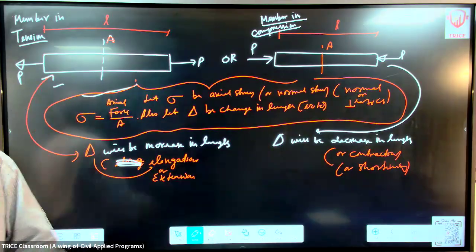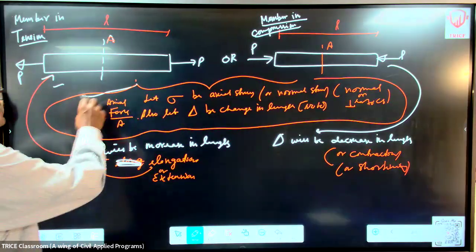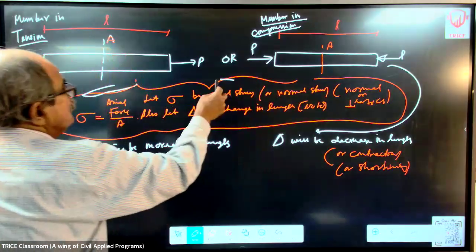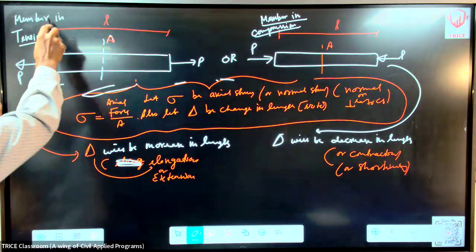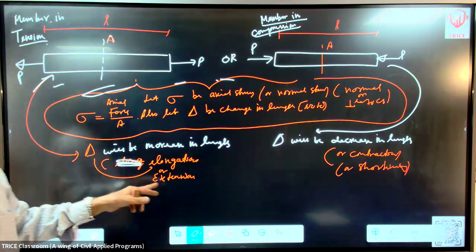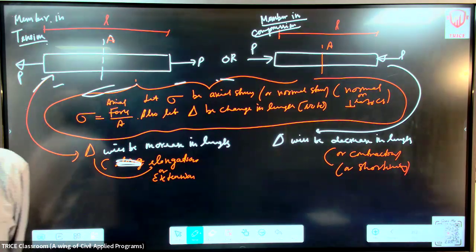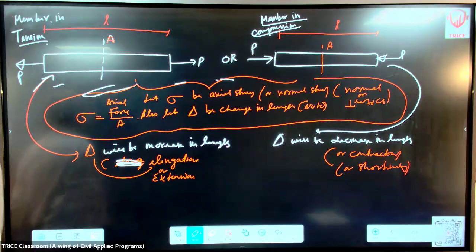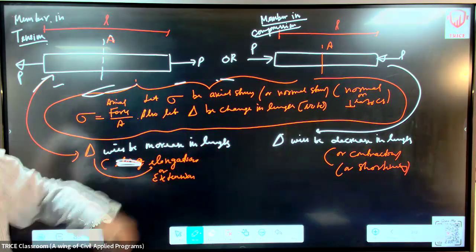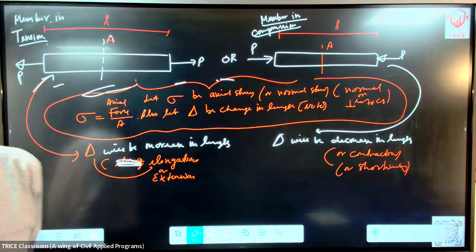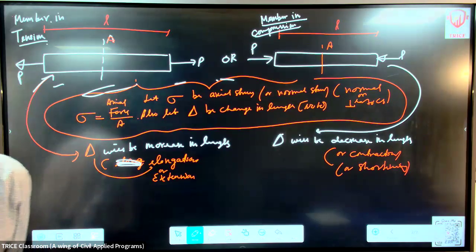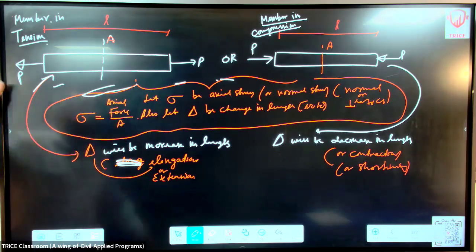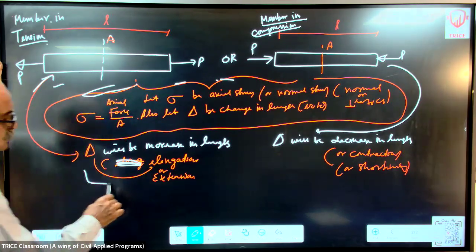Now come to only this case. Member in tension: delta is called increase in length, or elongation or extension. There, delta is called decrease in length, or contraction or shortening. Okay.